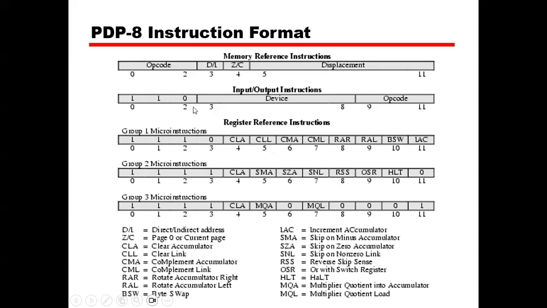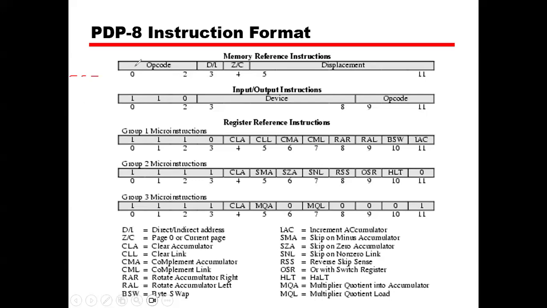Okay, here we go, guys. 0 to 2. Let me annotate. How many bits are there from 0 to 2? 0, 1, 2, and 3. 1, 2, 3. This is where everything starts, guys.